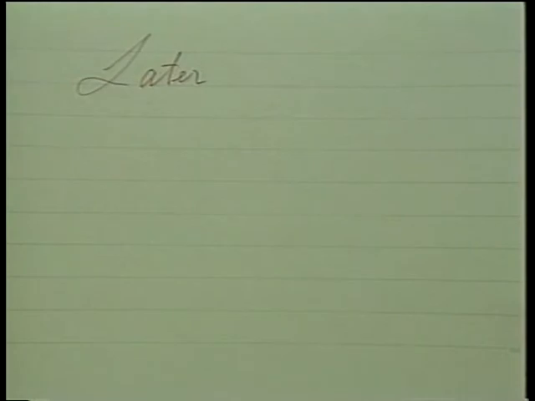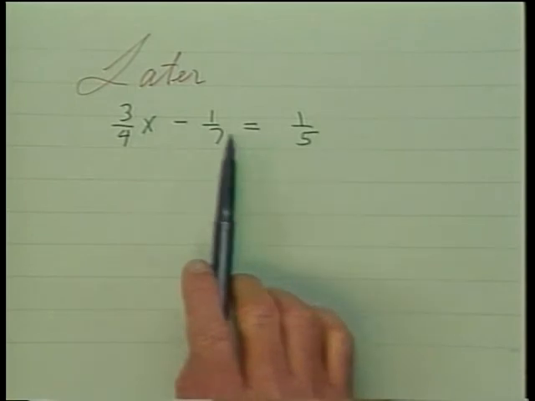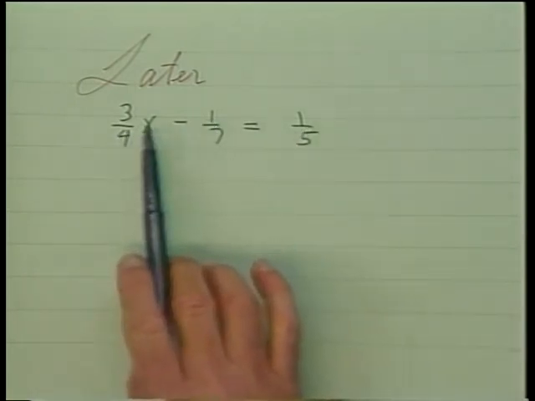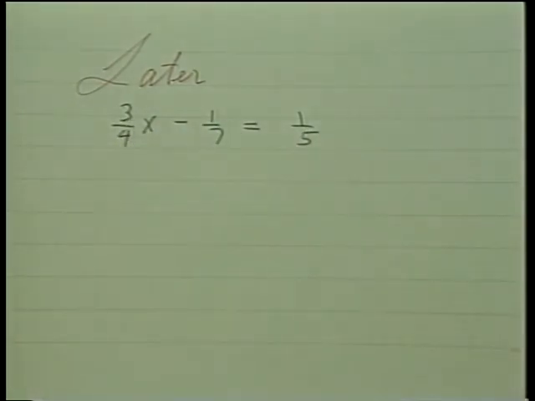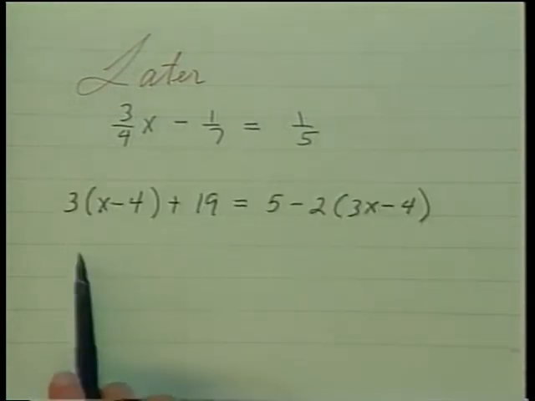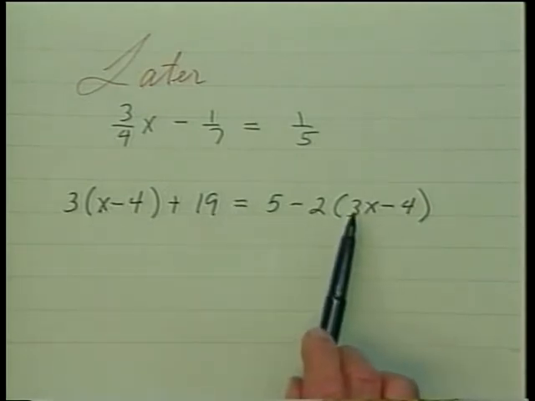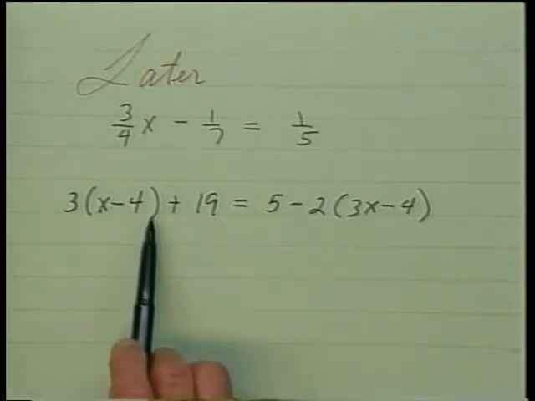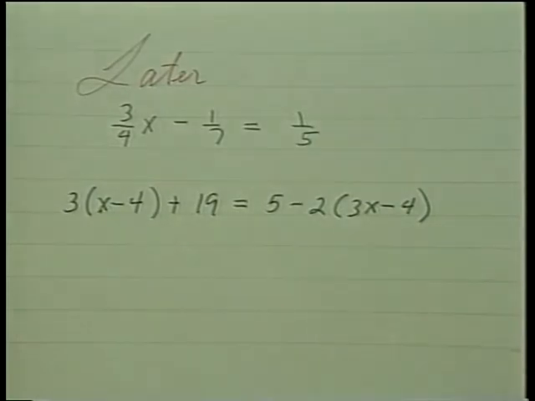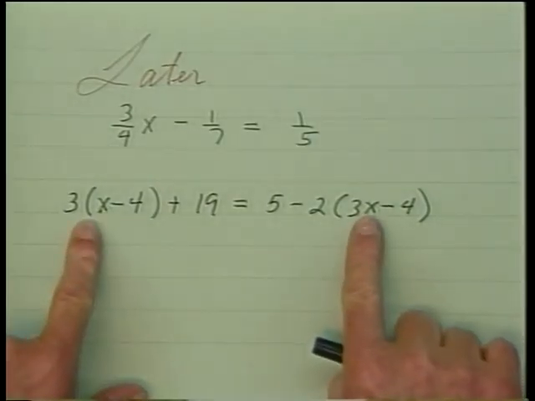Later, we'll begin to work problems like this, but recognize it's just more of the same but messier numbers involved, but the same principle. And then later in algebra, we'll begin to put more terms, multipliers, parentheses, where we'll have to use the order of operations, and we'll begin to put variables on both sides.